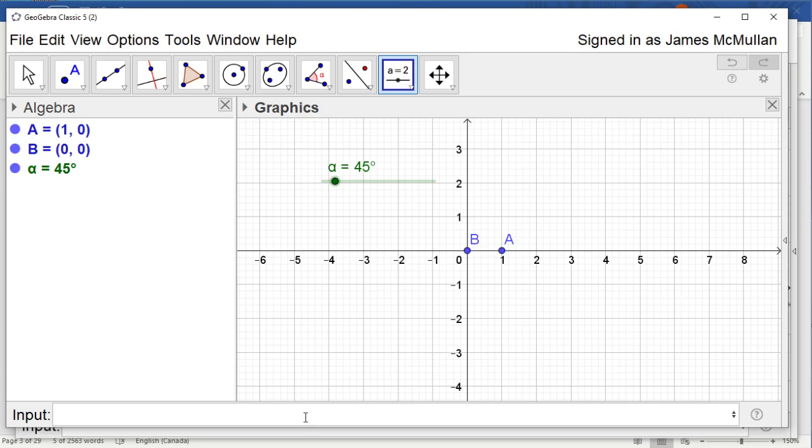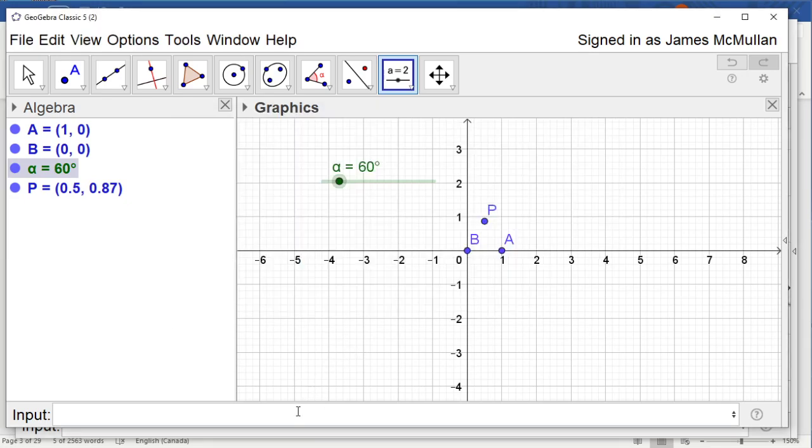Then let's say point P equals rotate point A alpha degrees around point B. Take note, here's a 60-degree angle.